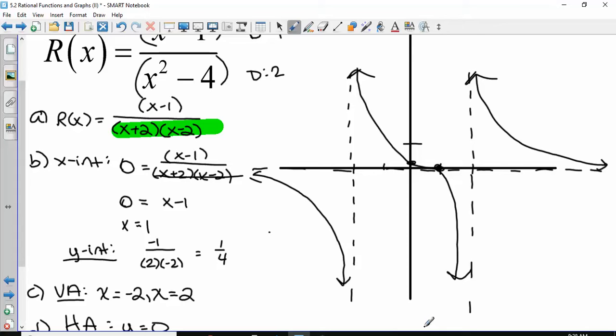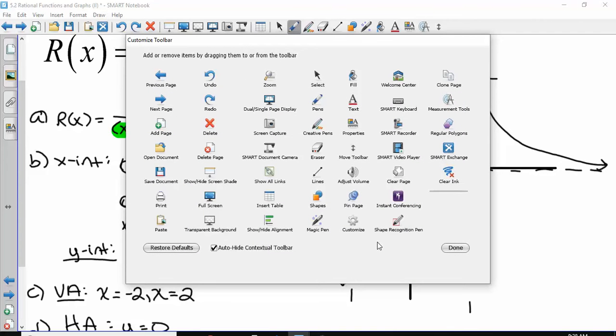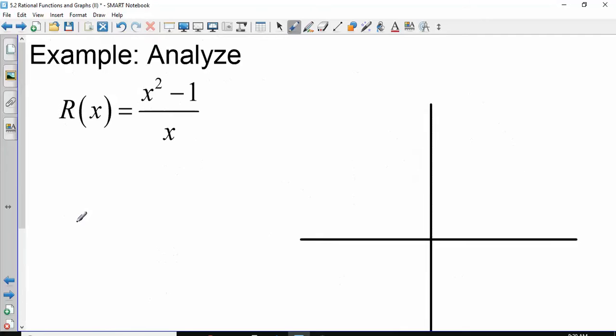Let's do one more example and then I'm done for today. So last example. X squared minus 1 over x.